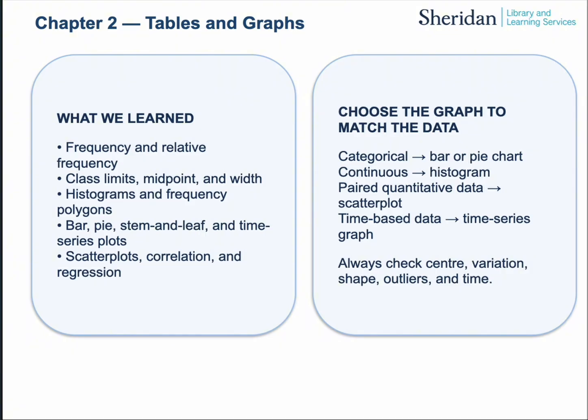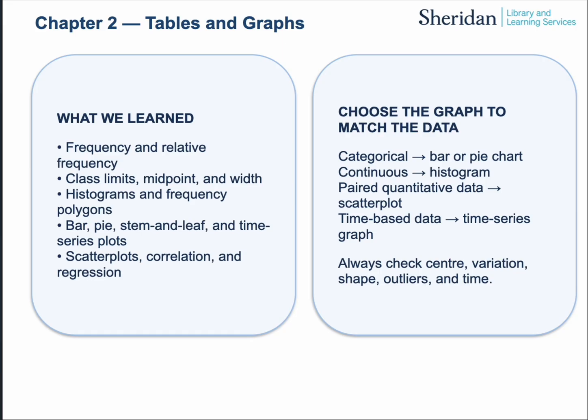Now we look at different types of graphs. Instead of trying to memorize every graph individually, I recommend thinking about the type of data you have. For categorical data such as favorite sport, a bar chart or pie chart is usually the most appropriate choice. For numerical data such as height or exam scores, we normally use the histogram because it shows the distribution of data across intervals.